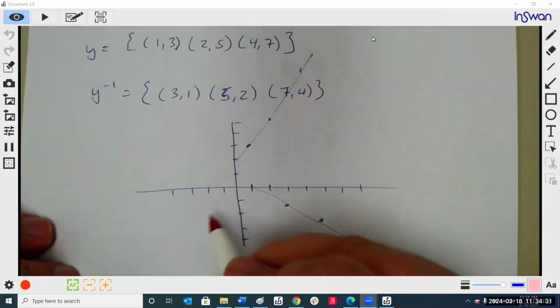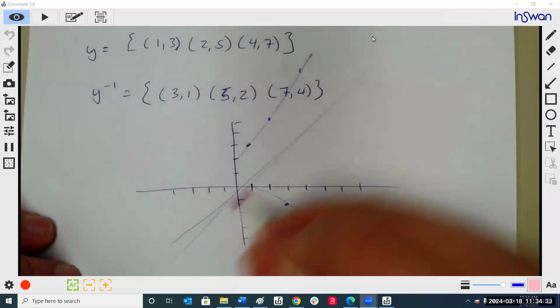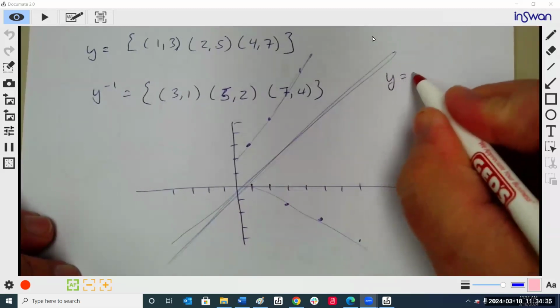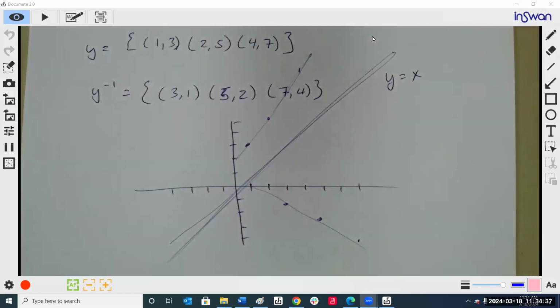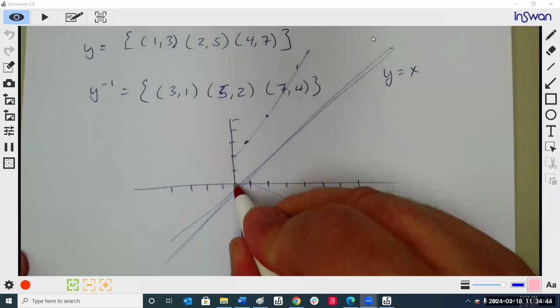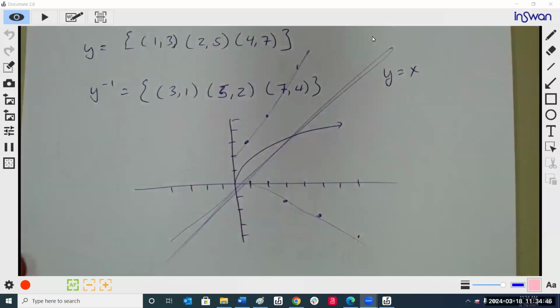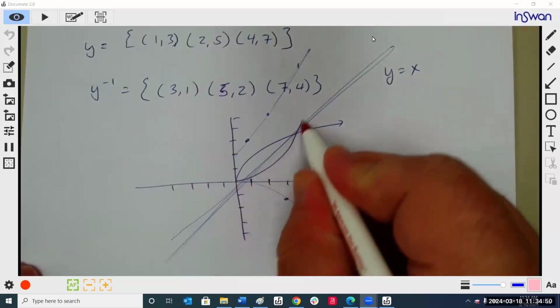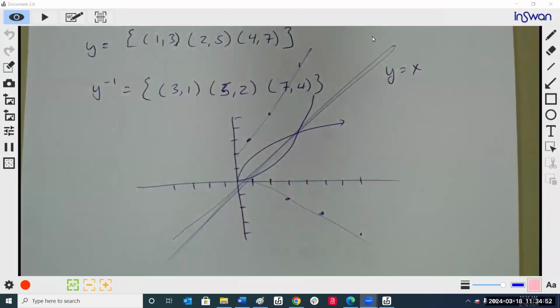Now, what's really happening is there's a switch around about that line, y equals x. So if we had our radical, we'd flip those. It would look like that.